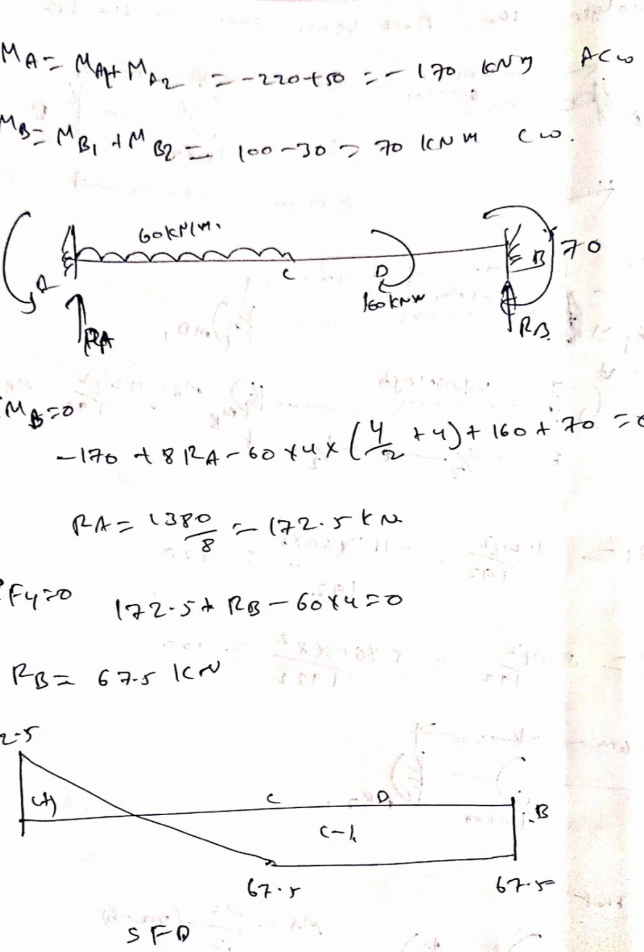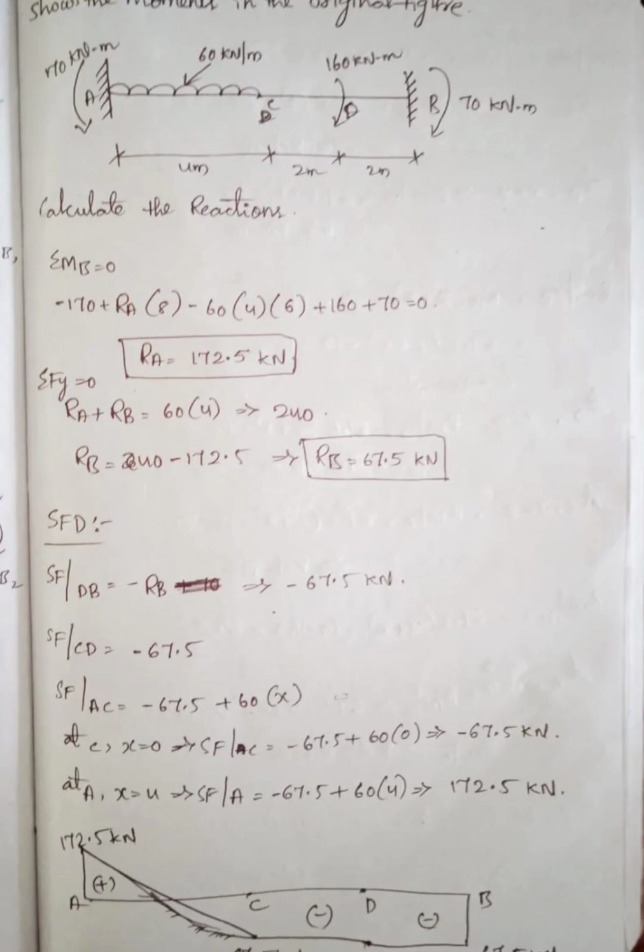To draw the shear force diagram, we need to calculate the shear force values first. Shear force at any section X between DB is equal to minus RB, that is minus 67.5 kilonewton. Between CD it is minus 67.5.